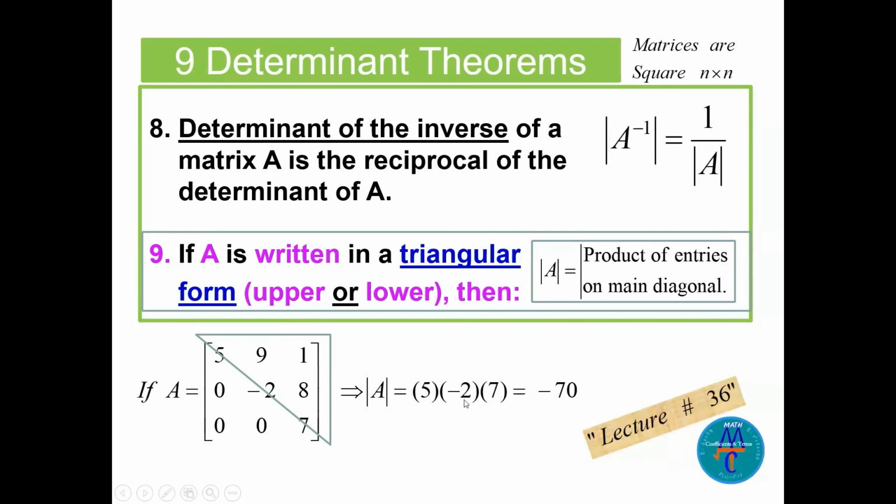So 5 times -2 times 7, this is -70, is the determinant, if you have it in triangular form. So it is the product of entries on the main diagonal.